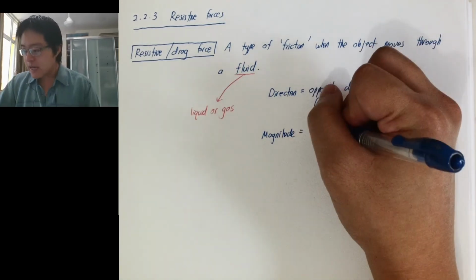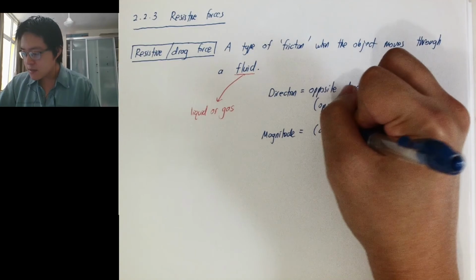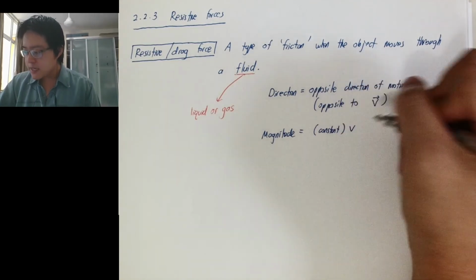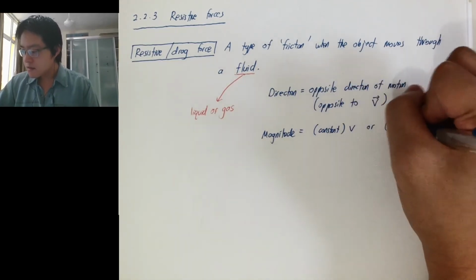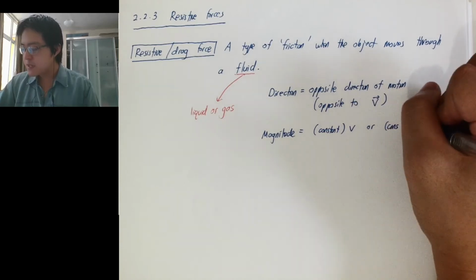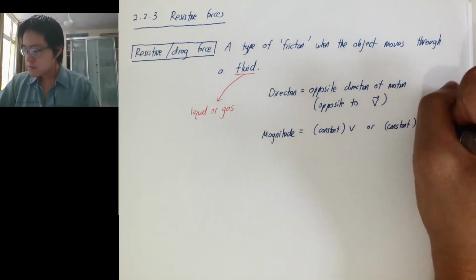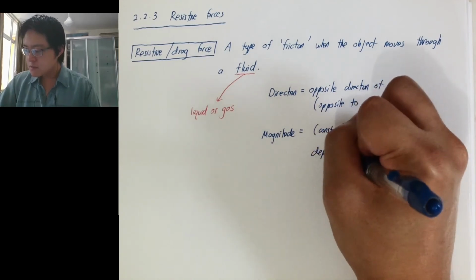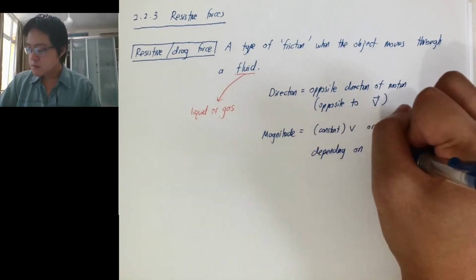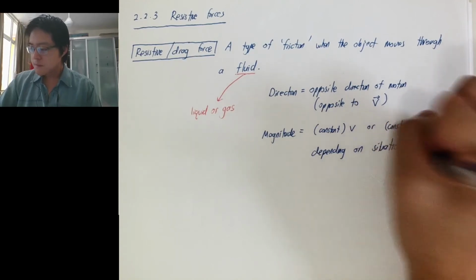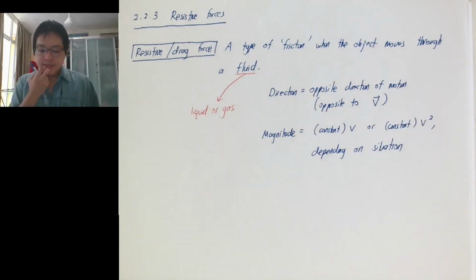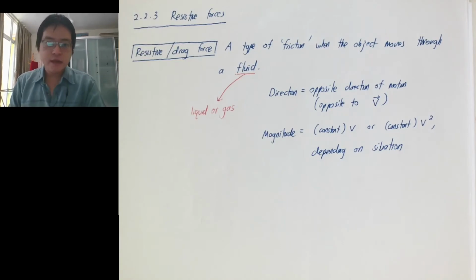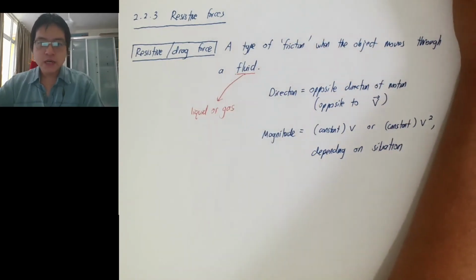The magnitude is either some constant times the speed, or sometimes it's the speed squared. It depends on the situation. And for this case, I think it's v squared.